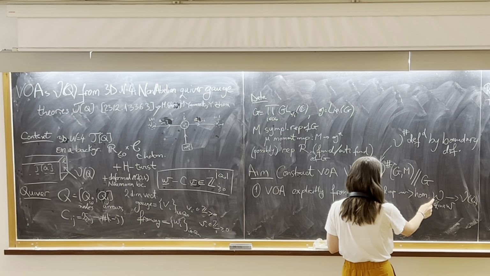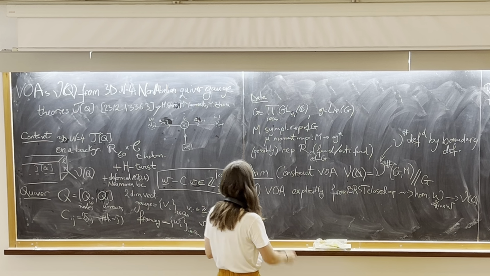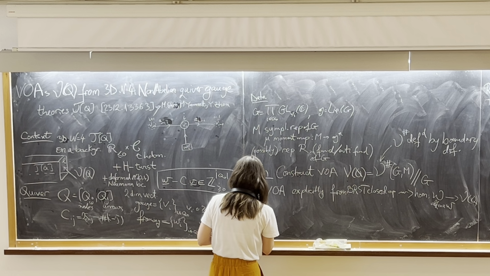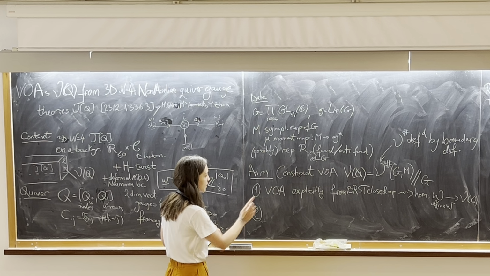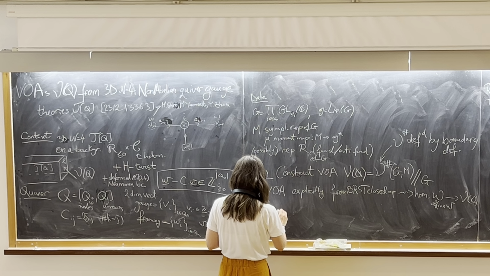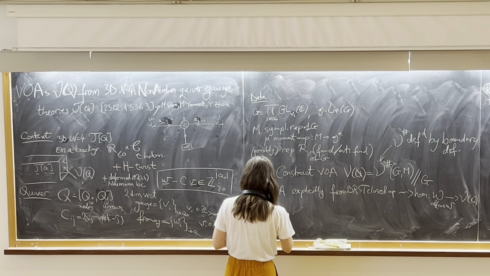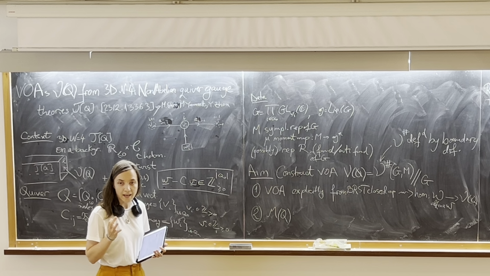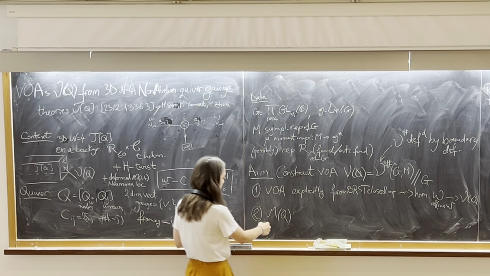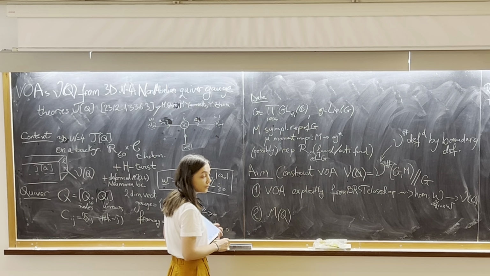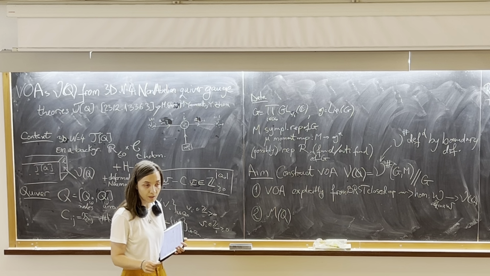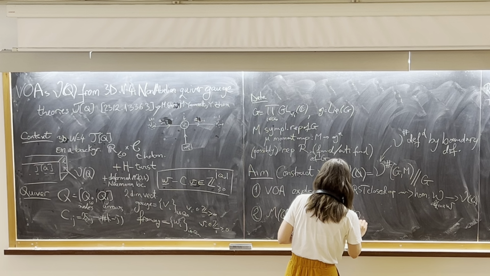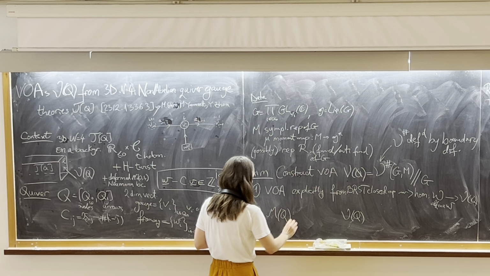And I will say more about what these are depending on the exact quiver data and examples. But 2 was the mathematical construction of the boundary VOA from chiralization, starting with an associated classical geometry. So here M of Q is the quiver variety or the Higgs branch of the theory that we start with.